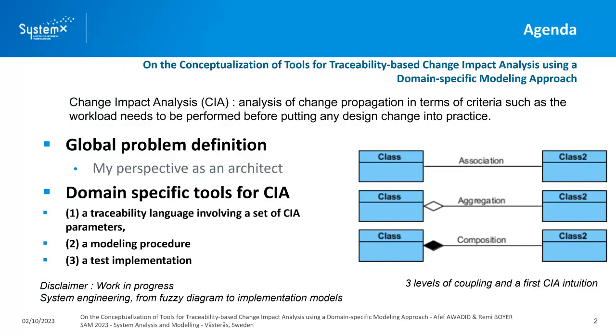And when I try to explain very briefly the problem, I use this image, and many people will have an intuition about impact with these three levels of coupling, three association types. So the first intuition about change and impact.